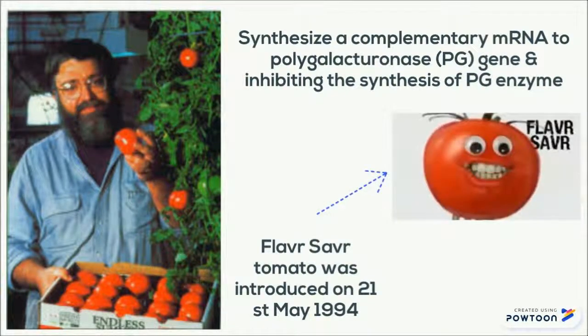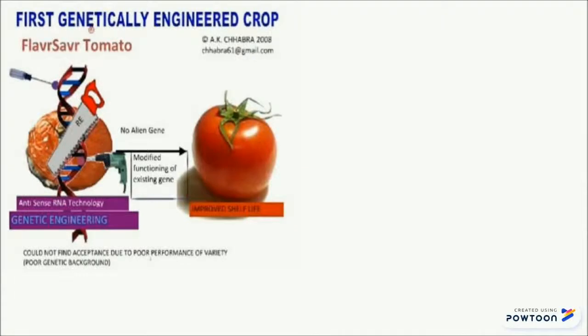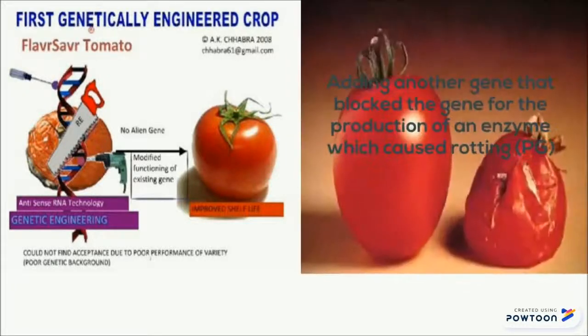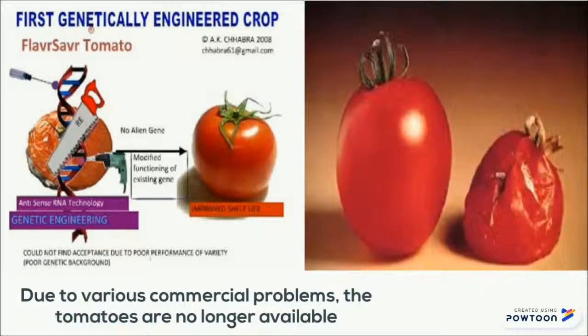On May 21st, 1994, the genetically engineered Flavr Savr tomato was introduced. This was achieved by adding another gene that blocked the gene for the production of polygalacturonase, an enzyme which causes rotting. Due to various commercial problems, the tomatoes are no longer available.